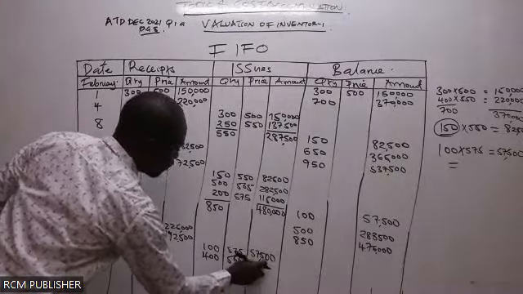Then let's move on. If we add these two, we are getting 500. Remember what's supposed to be issued is 700, so we are still lacking 200. Can these units here give us the 200? Yes. So that 200 will be taken from that stock. At what price? We look at the price at which it was brought in, 550.